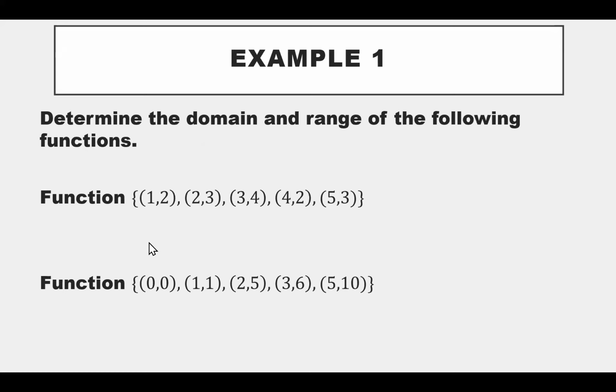So if we take a look at these two finite functions, we can identify the domain. Again, we have ordered pair notation here on these finite functions. You'll notice in this first function, we have inputs of 1, 2, 3, 4, and 5, and our outputs are 2, 3, 4, 2 again, and 3 again.